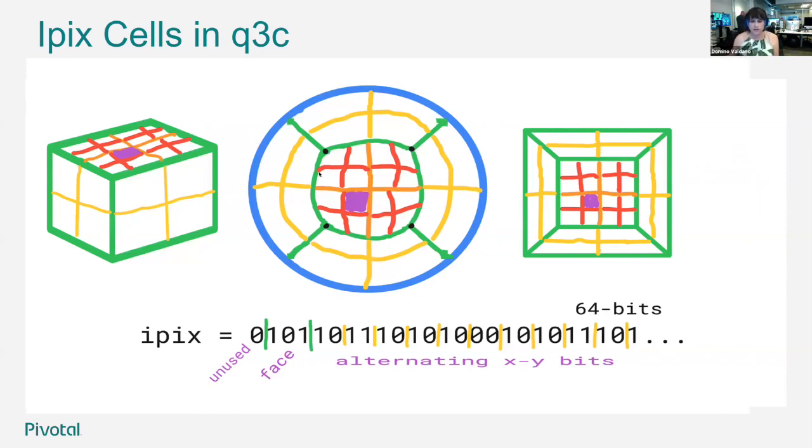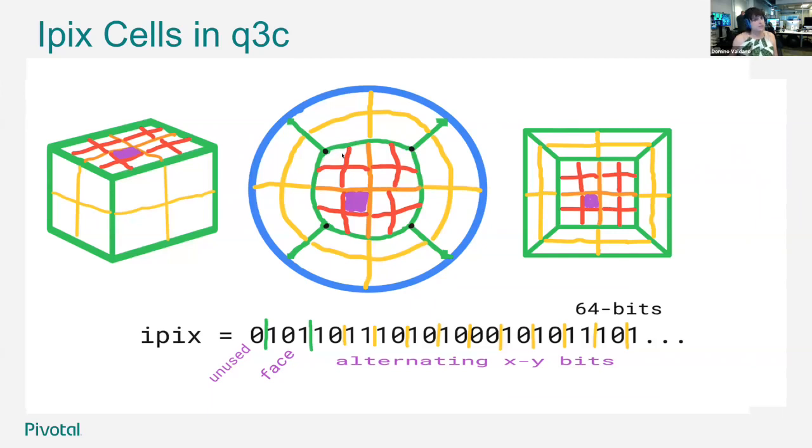But I think one of the reasons this works is a special property: if you specify a range from the top left corner, I might be getting the directions wrong, to the bottom right corner of one of these IPIX cells, all of the IPIX numbers in between will be in that cell.